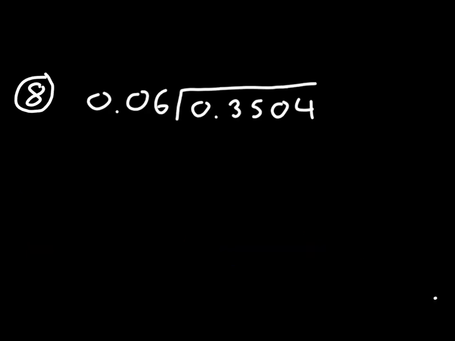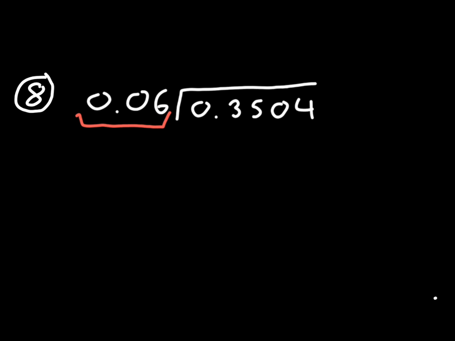For question number 8, we are asked to divide 0.3504 by 0.06. Now, to make the division a lot simpler, what we need to do is take this number here, which is also called the divisor, and make sure that it has no decimal places.